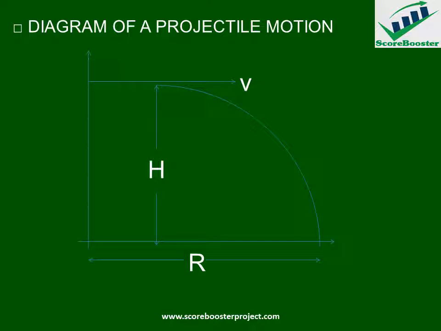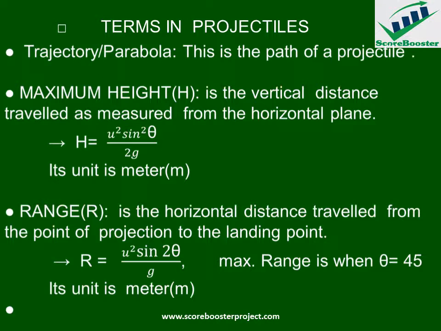Then you have the maximum vertical displacement, which is represented by capital H. That is the distance between the highest level reached vertically and the horizontal ground, which is maximum height, usually represented by capital H. Then we also have capital R, which is the range. That represents the horizontal distance covered by a projectile.